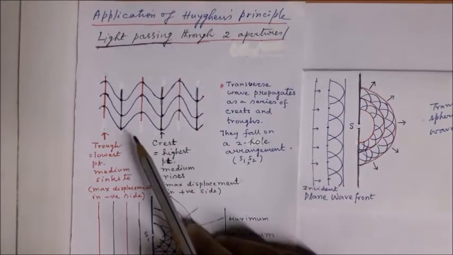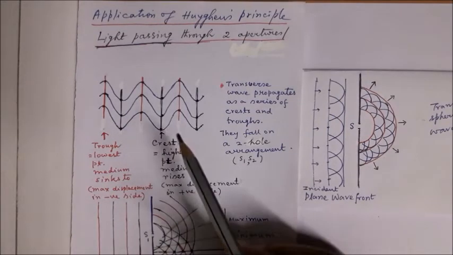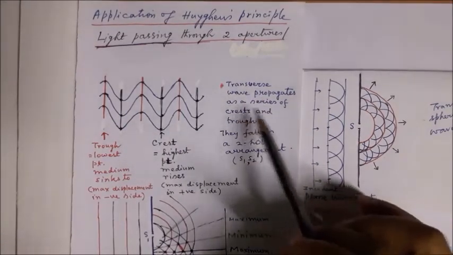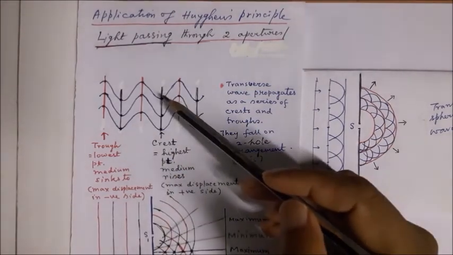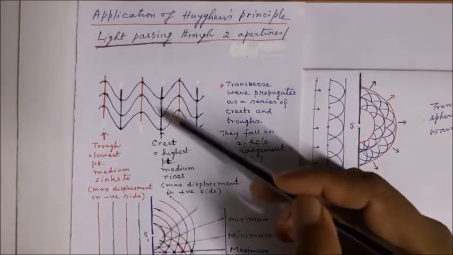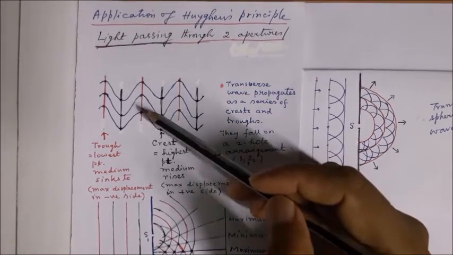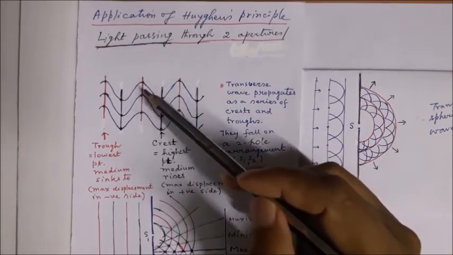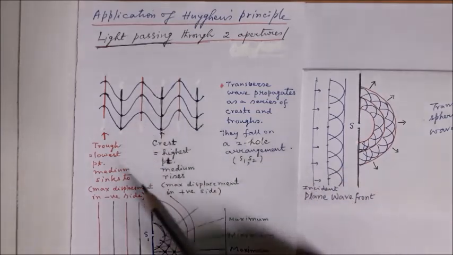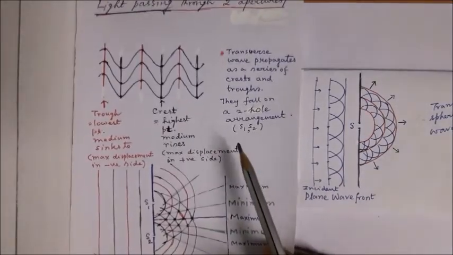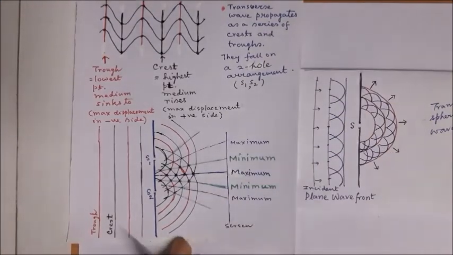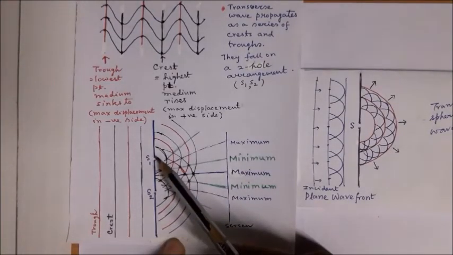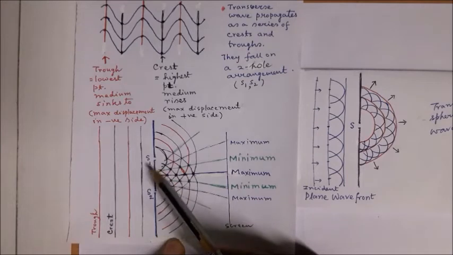At the very outset, let us mention that a transverse wave propagates as a series of crests and troughs. Crests are the locus of maximum positive displacements, while troughs represent the locus of maximum negative displacements. Now let us concentrate on this diagram where we have shown two apertures named S1 and S2.